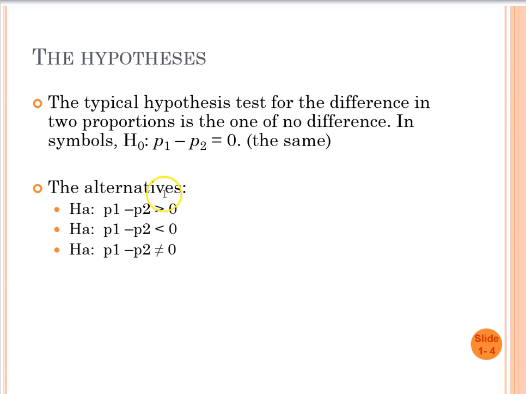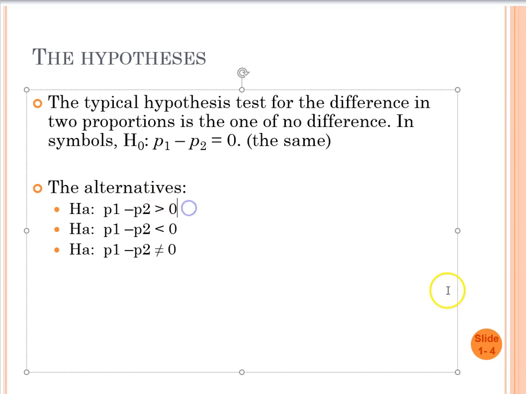The alternatives then is that one group is greater than the other. So in this first alternative, group 1 is greater. In the second alternative hypothesis, that's stating that group 2 is greater. And the third statement, that is our two-tailed test, that is just saying the groups are different.